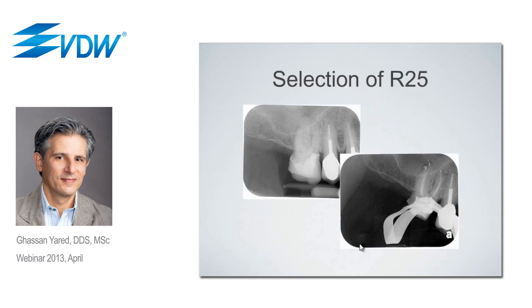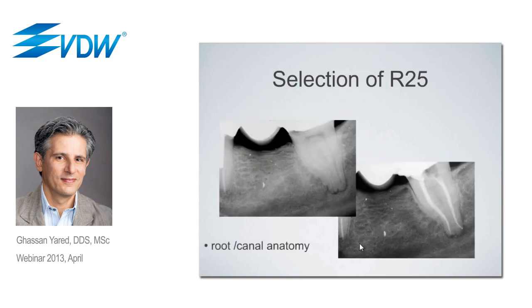Now, you can see this first model. The radiograph shows that the canals are either completely invisible or partially visible. This is a case where the canals will be prepared with the R25. In some cases, the root anatomy will dictate the Reciproc instrument to use.